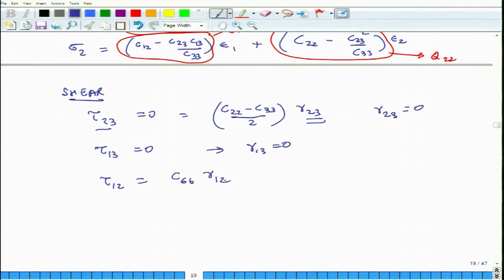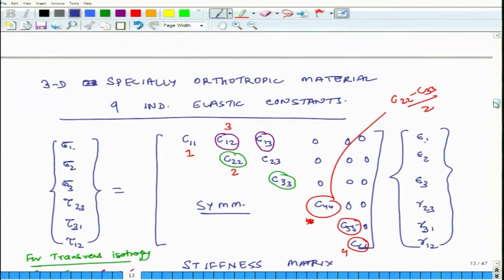Okay. In general, these were the equations for the full-scale specially orthotropic material. It had 9 constants and 6 equations, but because of the plane stress condition, these terms do not exist. So, 3 equations go away, and we are left with 3 equations only.